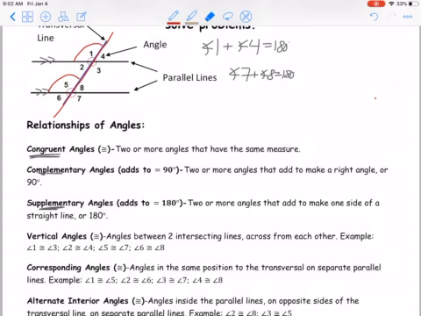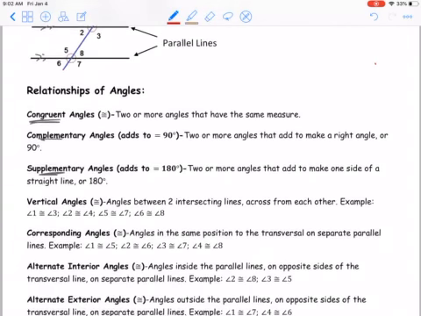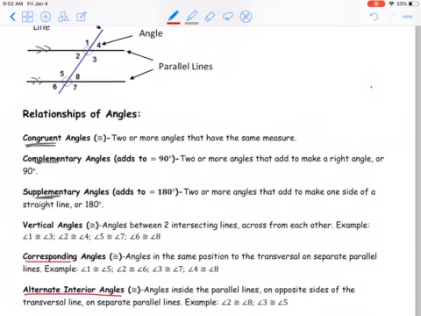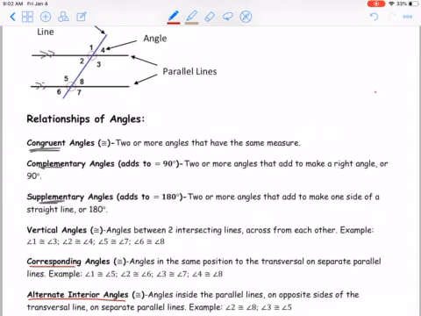Okay, the next ones, erase this picture. Okay, that was corresponding, so same spot. The next one, alternate interior angles. The name kind of says it. Alternating means on opposite sides of the transversal.